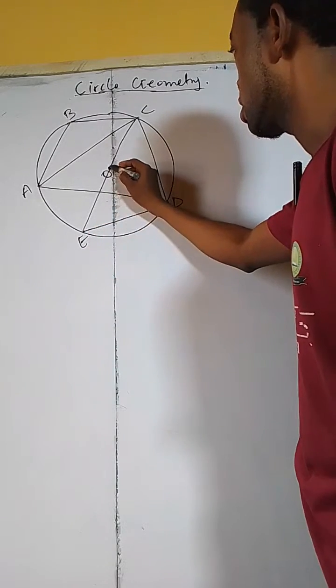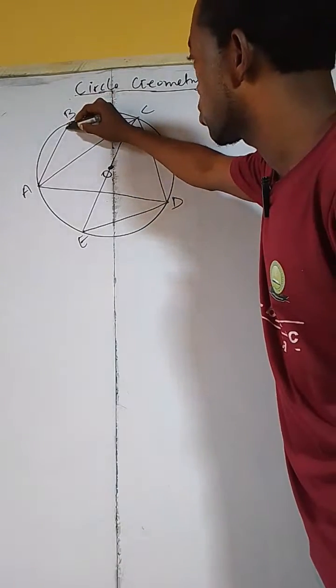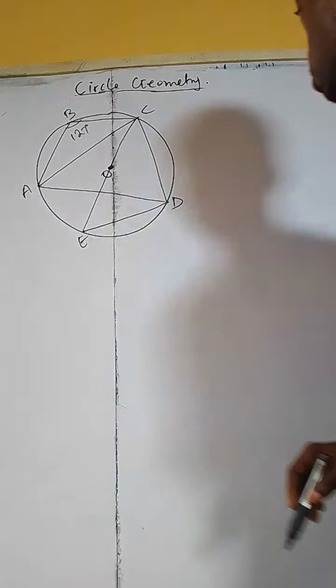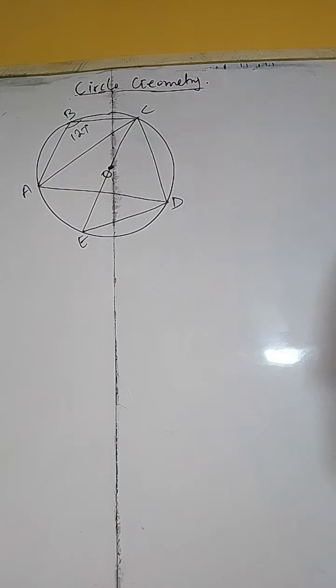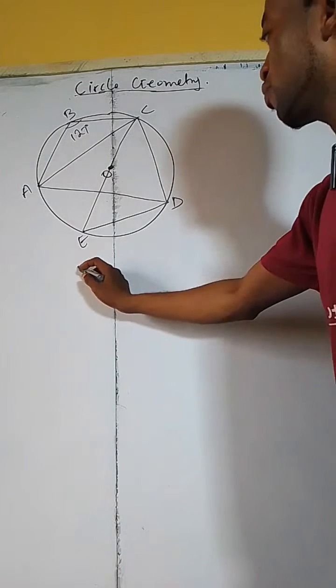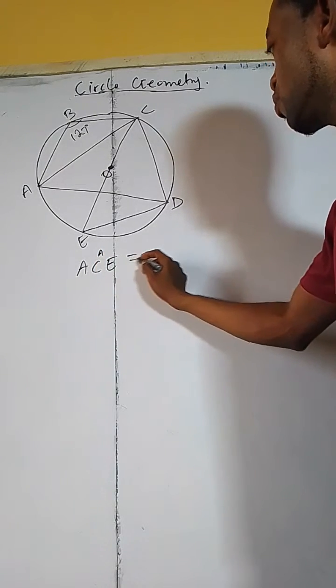So don't forget the center of the circle. And we are given this angle to be 127 degrees. From here, we are asked to find angle ACE. So we are finding the value of angle ACE here. So that's what we are finding.